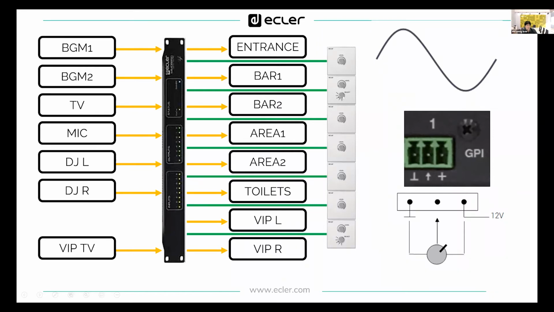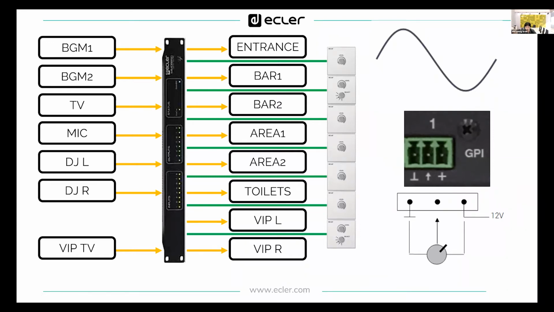So we have 2 GPIs here. This GPI will control the source, and this GPI will control the volume, but they are 2 different potentiometers. So if we count 1, 2, 3, 4, 5, 6, 7, 8, 9, we have 9 GPIs used here.